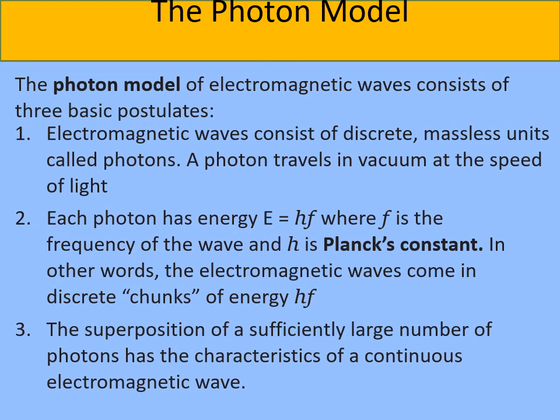The second postulate is that each photon has energy E is equal to hf, where f is the frequency of the wave and h is Planck's constant. In other words, electromagnetic waves come in discrete chunks or quanta of energy. And the third important postulate is that the superposition of a sufficiently large number of photons has the characteristics of a continuous or smooth electromagnetic wave.